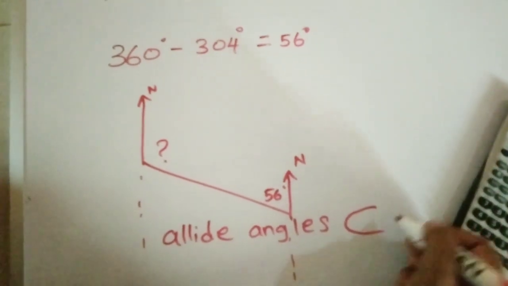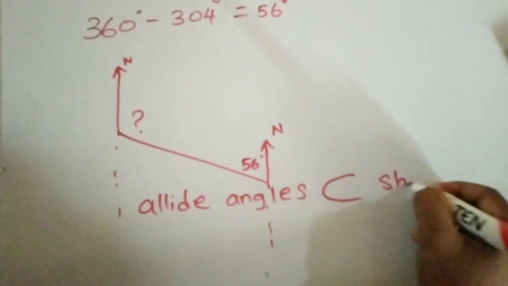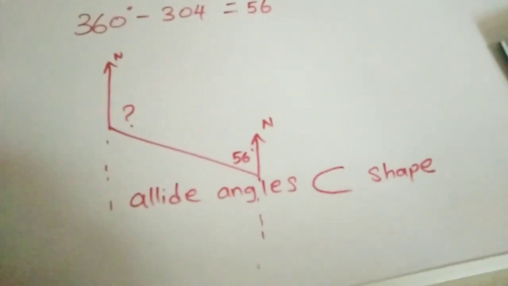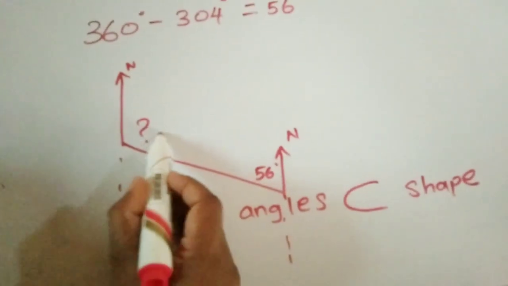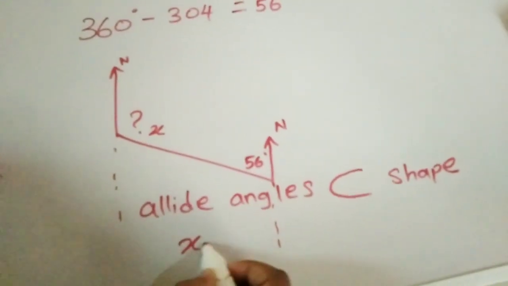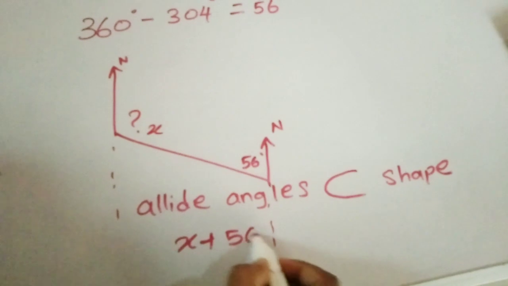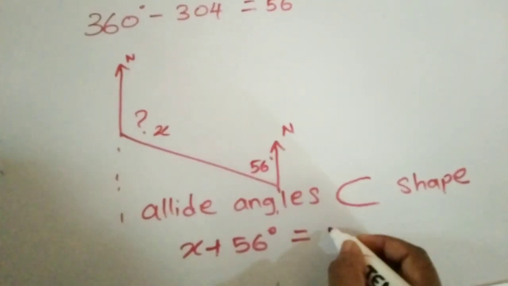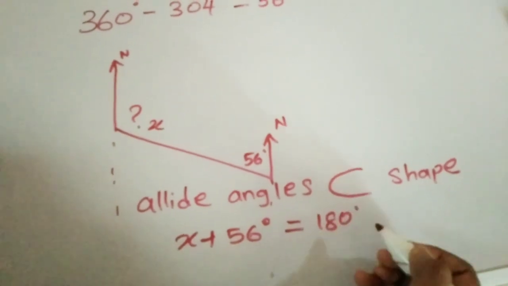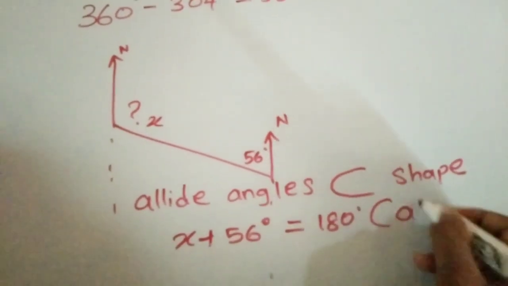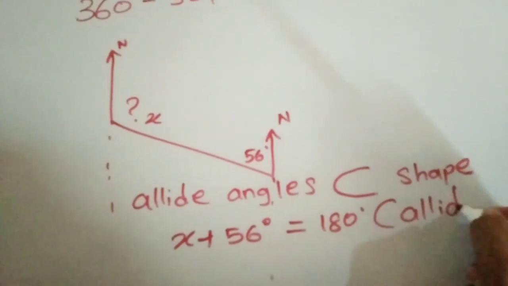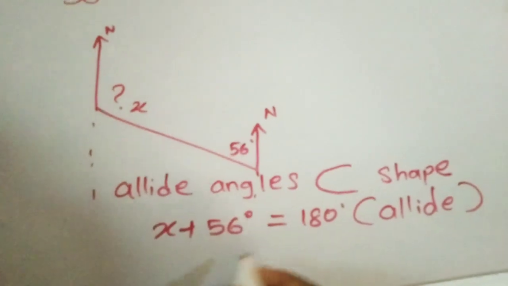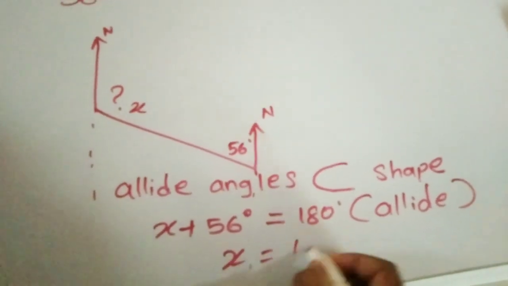Allied angles are C, letter C shape. Allied angles add up to 180 degrees. So here x plus 56 is equal to 180.